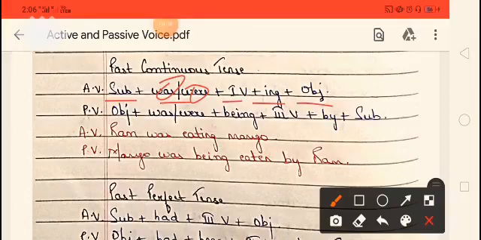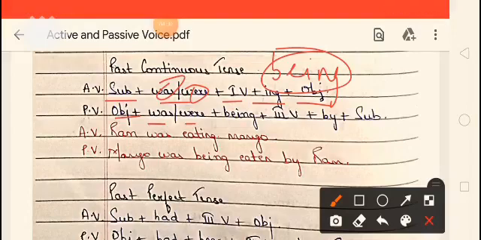If we convert into passive voice, we use the object in place of the subject. Then if the object is singular, was is used, and if the object is plural, were is used. I have already told you that in case of continuous tense the word being is used. So after the helping verb the word being is used, then third form of the verb plus by plus subject.